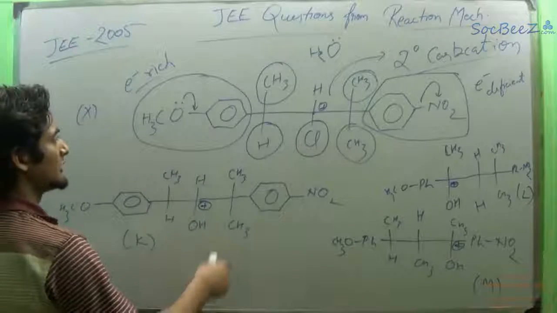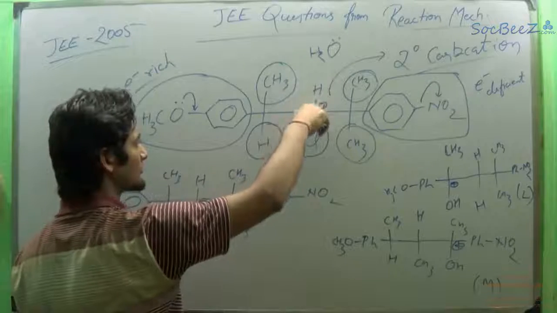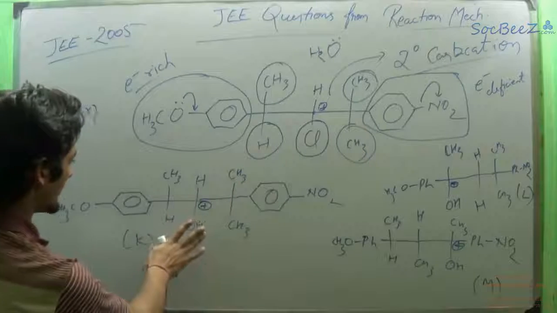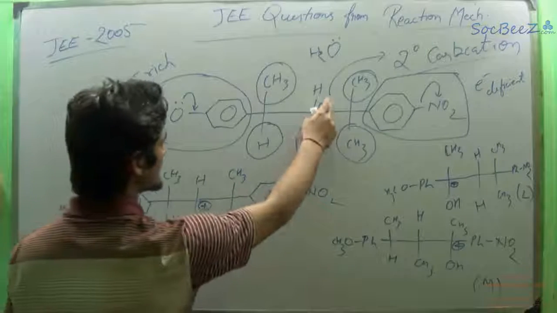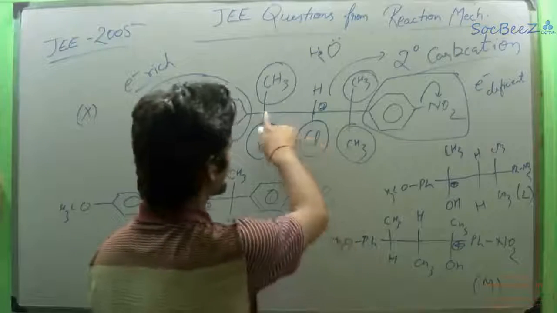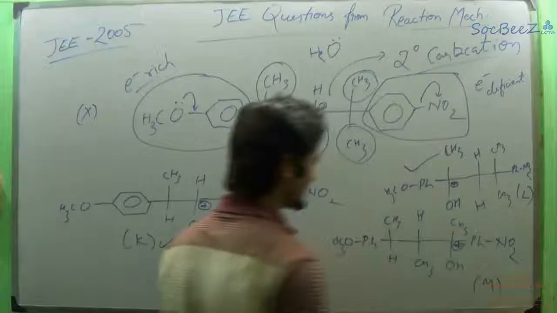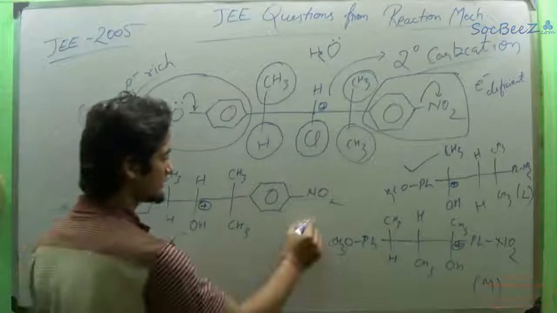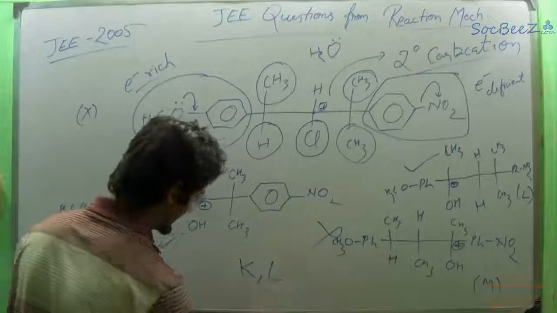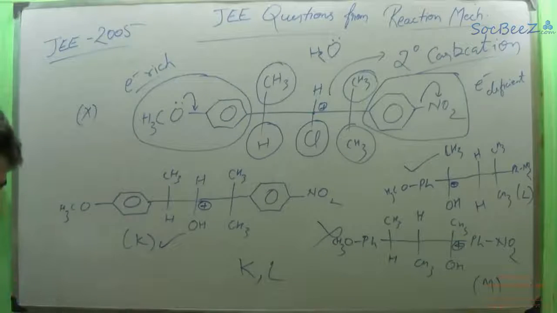So there can be a possibility that when the positive charge is at this place, then H2O should have attacked, or after this H shift H2O has attacked. So if at this position H2O is attacking, this will give us product K. If at this position H2O is attacking, it will give us product L. But in any case, we are not getting product M. So the only two possible products are K and L. Now let me write all the options.